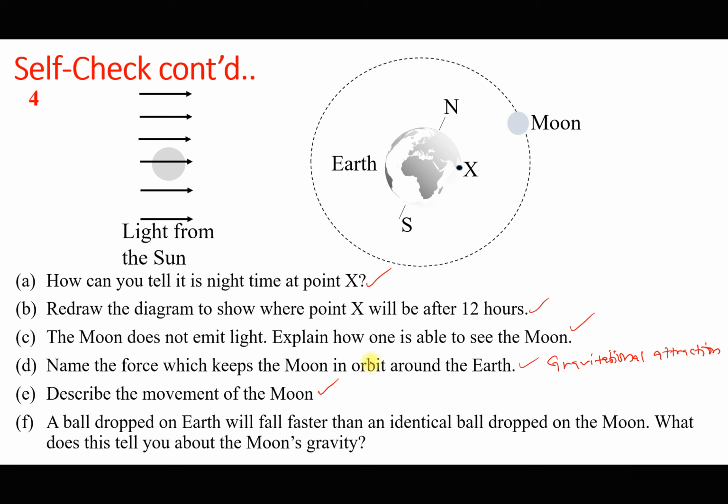A ball dropped on Earth will fall faster than an identical ball dropped on the moon. What does this tell you about the moon's gravity? Of course, the Earth's gravity is going to be higher than the moon's gravity.